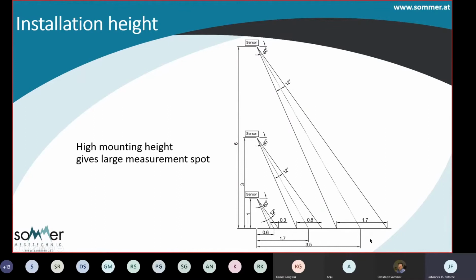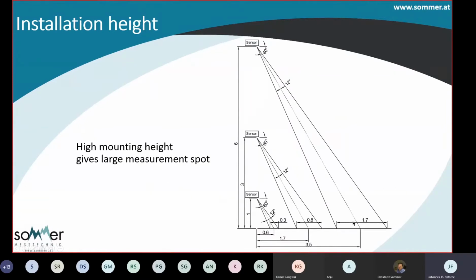So for a very small river with a very large installation height, the river might be smaller than the measurement spot, and this should not be the case. So make sure that your installation height matches the size of the river.